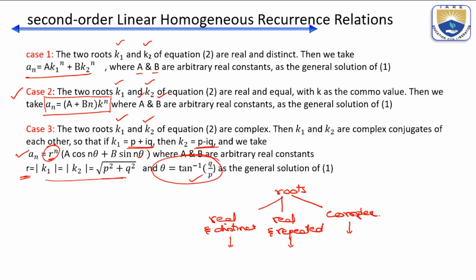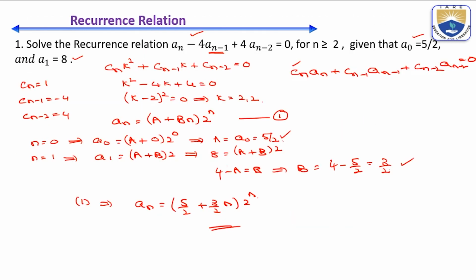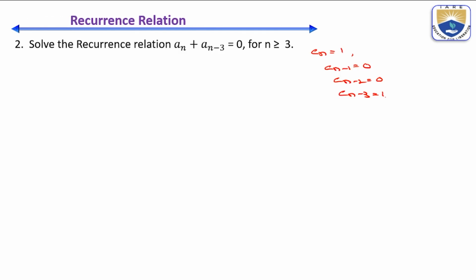Here we are going to write C_n k cubed because it is the third order recurrence relation, plus C_(n-1) k square plus C_(n-2) k plus C_(n-3) is equal to 0.